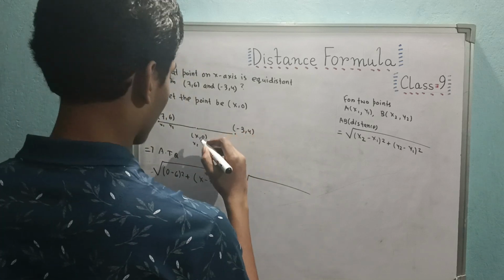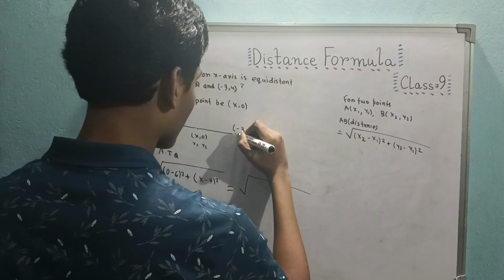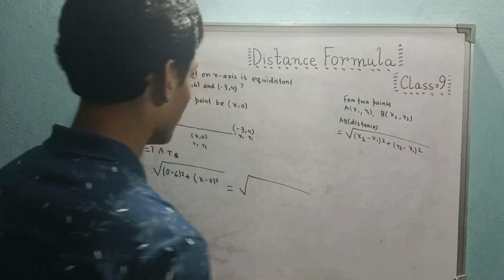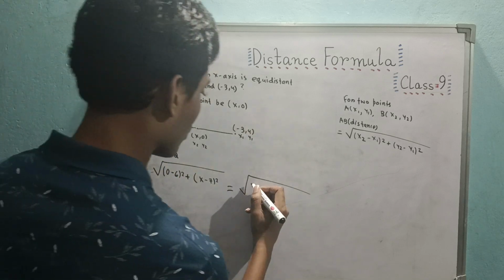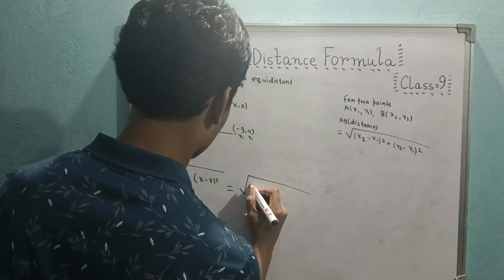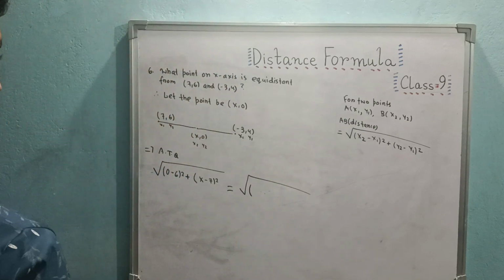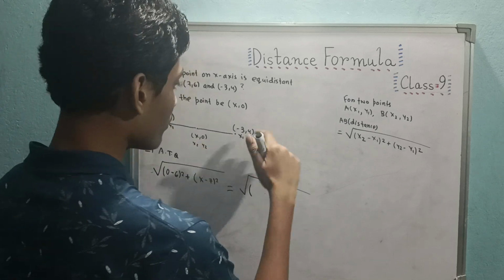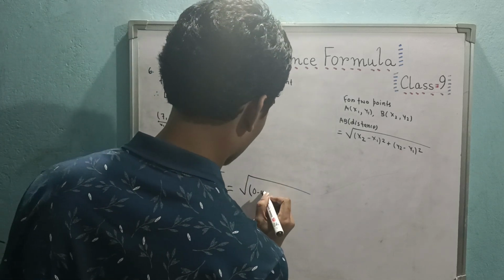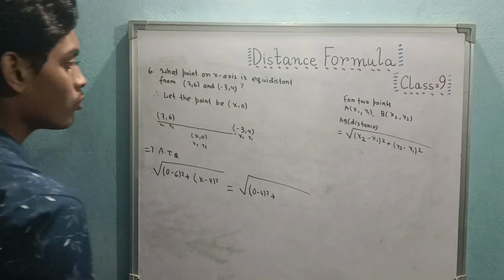Now this distance, suppose this is x2, y2, this is x1, y1. Then x2 minus x1, y2 minus y1 first of all. So 0 minus 4 whole square plus x2 minus x1 whole square.